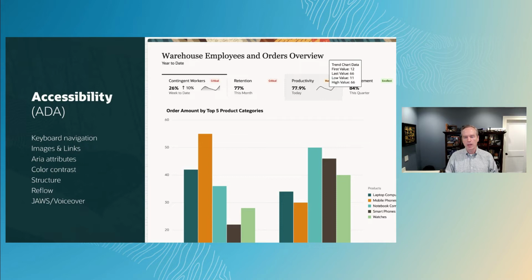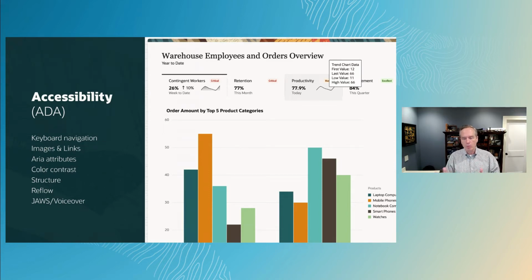Often applications are built and only after they're built do they get inspected for accessibility in an accessibility review, which often finds many issues that then have to be remediated in a very costly process. Because of the Redwood design system and the way we've implemented it into our composite components and templates, we've taken accessibility and built it right in.